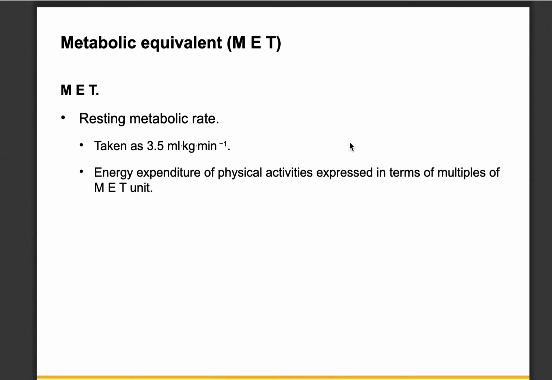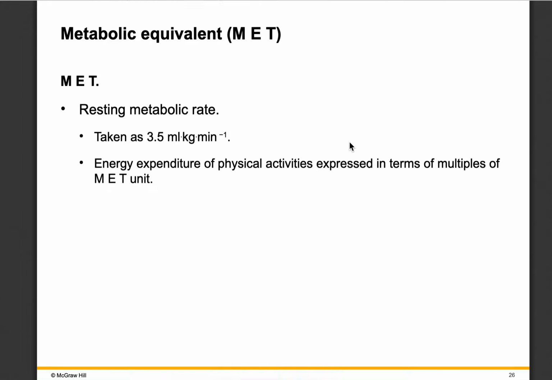And what individuals have done is looked at common exercises and figured out about how many METs that is. So how many resting equivalents is that? Let's say a jog, for example, might be considered 2 METs or 3 METs of activity. And that means you're utilizing 2 to 3 times the amount of oxygen you are while sitting at rest. So it's just a quick way to measure how much energy some particular activity is taking, and it can be useful.